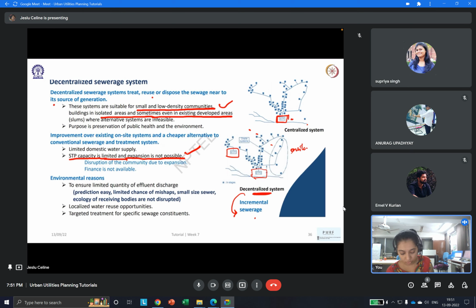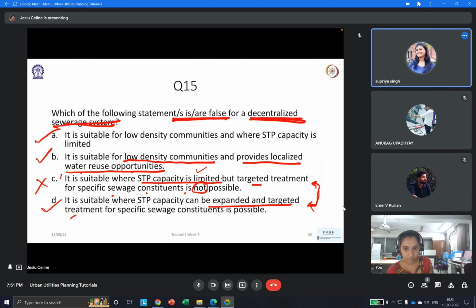And now the treatment part. It is said that targeted treatment for specific sewage constituents is possible. So as we correctly said, the option saying that targeted treatment for specific sewage components is not possible is wrong. So what we arrived at was correct: option C is the wrong answer.